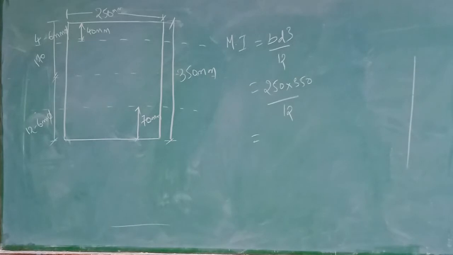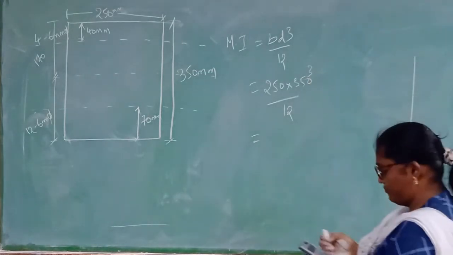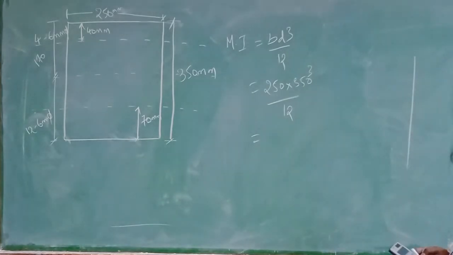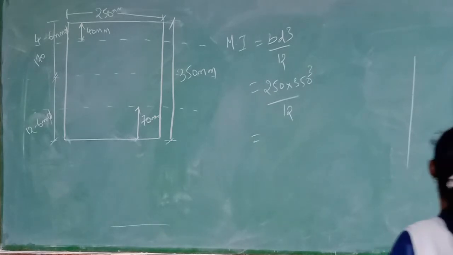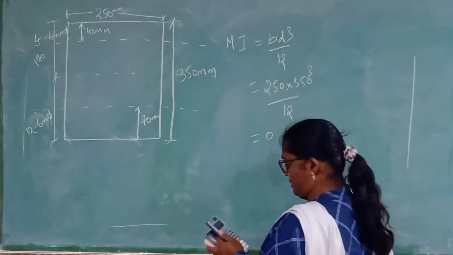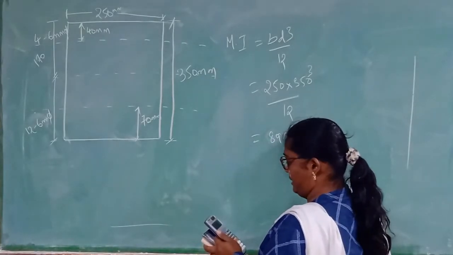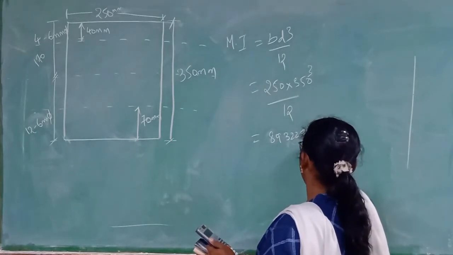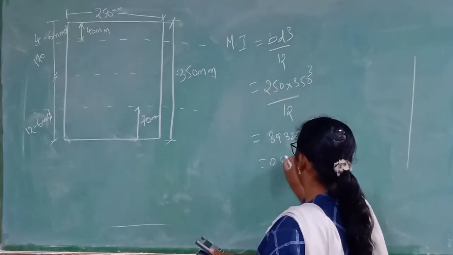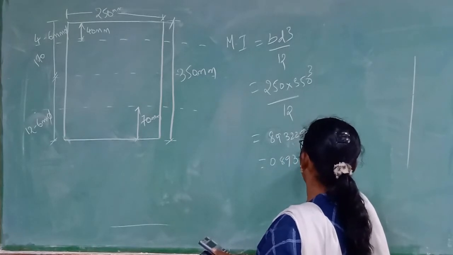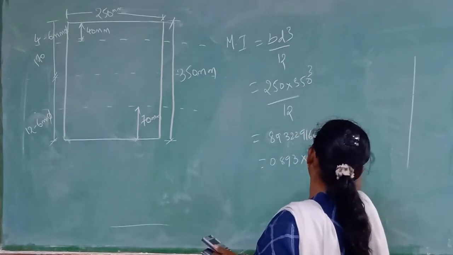That gives you 893229166.7, so this can be written as 0.893 into 10 to the power 9 mm4.